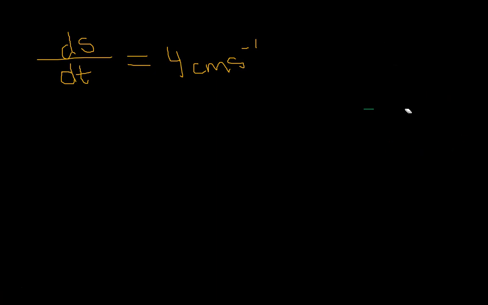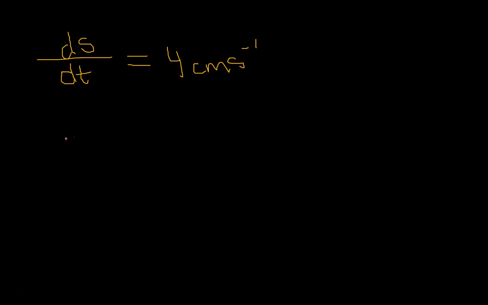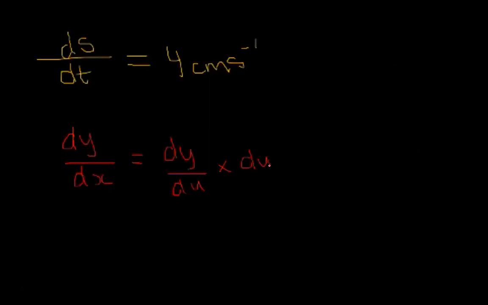So the next thing I told you that you have to use for rate of change questions is your knowledge of the chain rule. We said dy on dx is dy on du times du on dx. That's just one way to represent the chain rule, right?